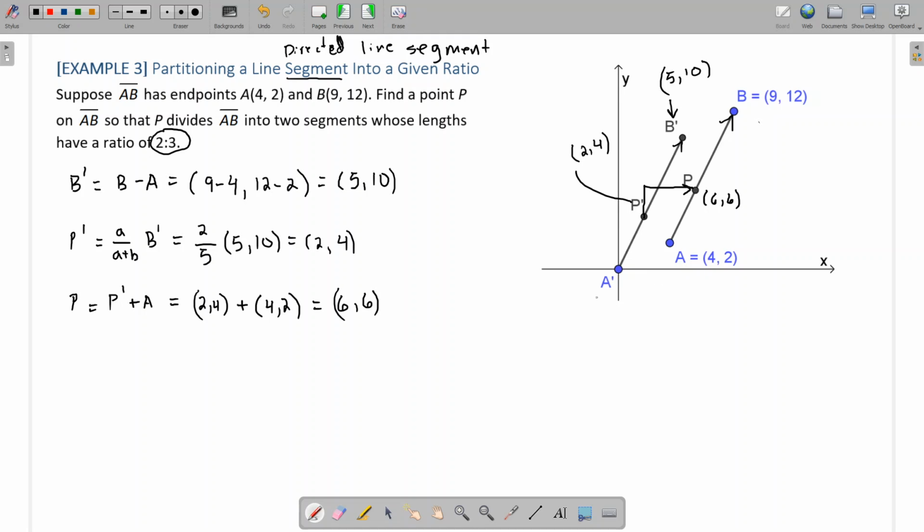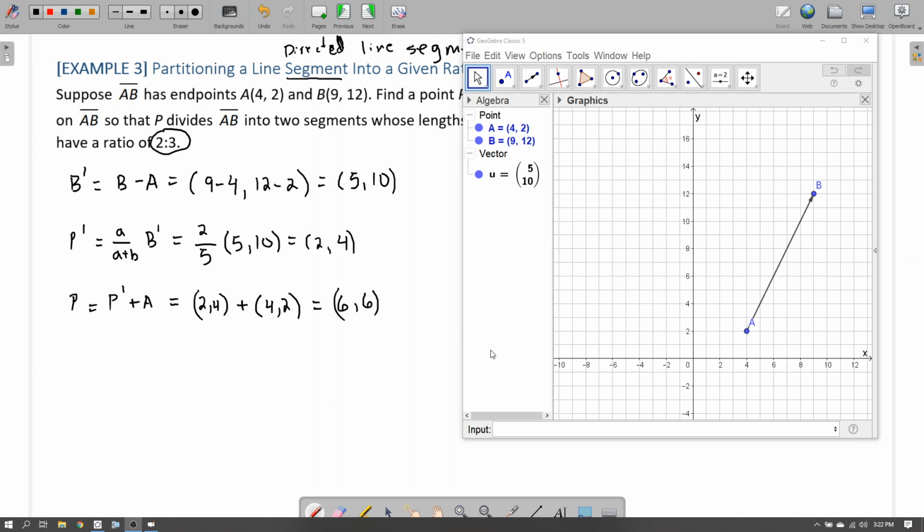Now, just to verify that this actually works, let's try doing this in GeoGebra. Okay, so I've gone ahead and put in our segment, our directed line segment AB, and let's go through the same procedure, but we'll make GeoGebra do the work.